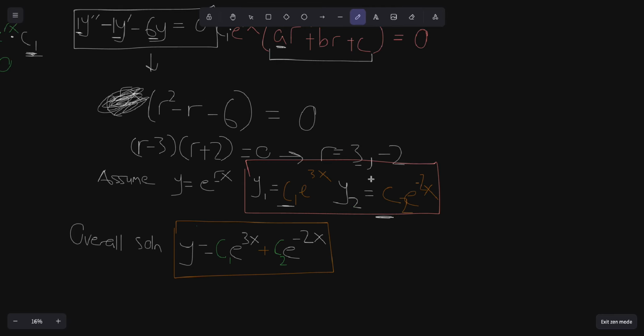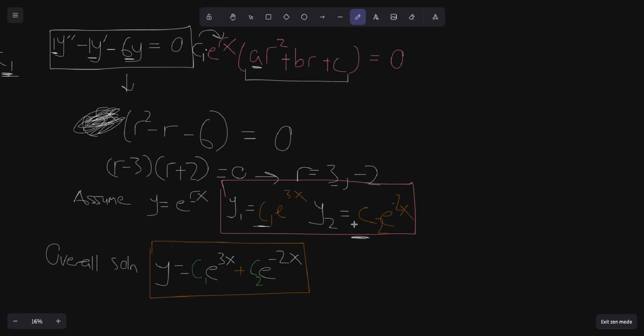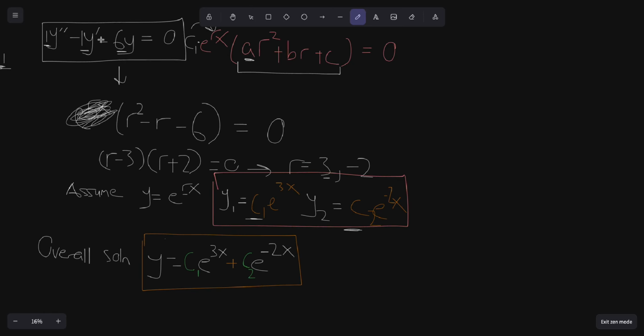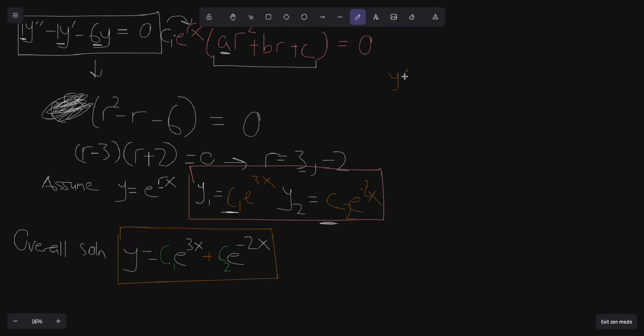Let's just plug everything back into our original differential equation, and let's see what we get, okay? So plugging the first solution into the equation, well, what is y prime? I know that y prime is equal to 3 times c1 e to 3x, and y double prime is going to be equal to 9 times c1 e to 3x, okay?